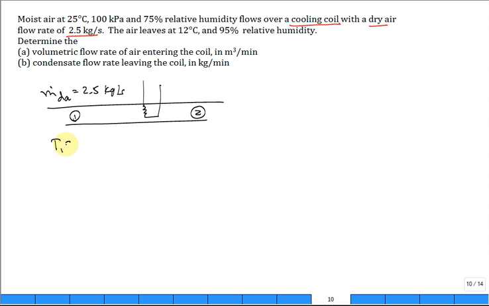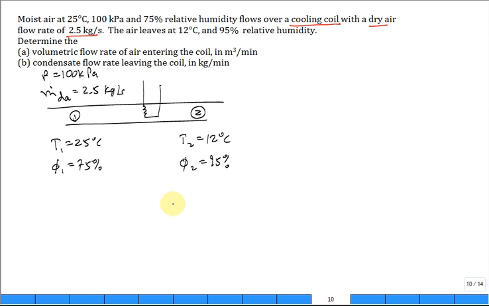The temperature 1 is 25 degrees C. The pressure is always 100 kPa, so that's the total pressure. Okay, maybe put that right here. It's 100 kPa. And relative humidity is 75%. The air leaves at a lower temperature, 12 degrees C, and phi2 of 95%.